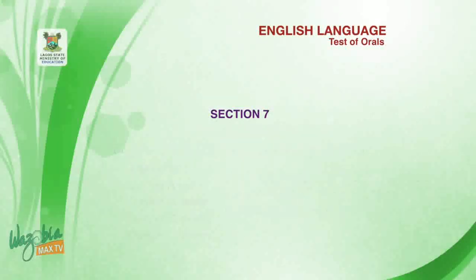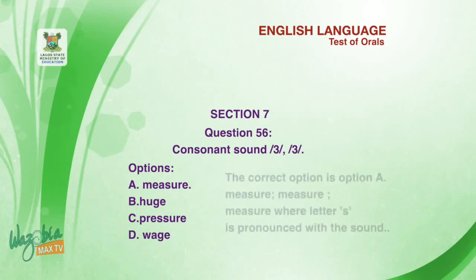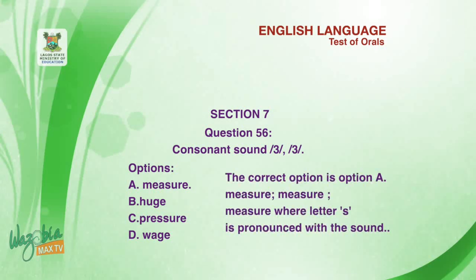Question 56. Consonant sound, the sound in measure. Options A, measure. B, huge. C, pressure. D, wage. The correct option is option A, measure, where letter S is pronounced with the consonant sound.